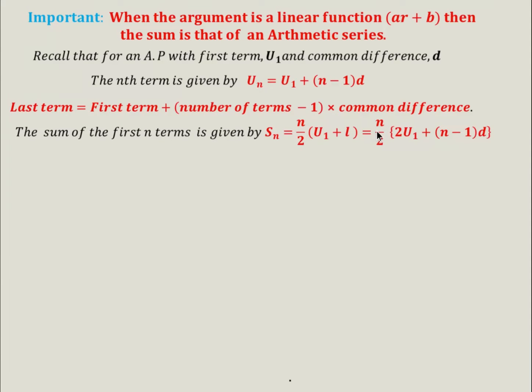That formula can also be written as n over 2 into (2u1 plus (n minus 1)d), and it is obtained simply by replacing the formula for the general term, which is the last term, in this other formula.